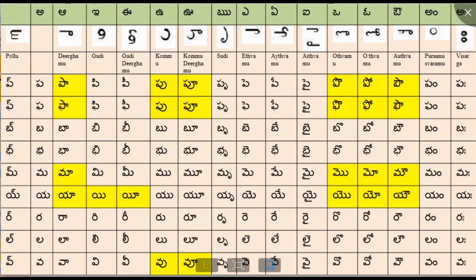For Gudi, the Y consonant has lost its talakattu, and also for Gudi Dirghamu. Mo, Mo, Mau, and Yo, Yo, Yau. They follow something similar to Gh.